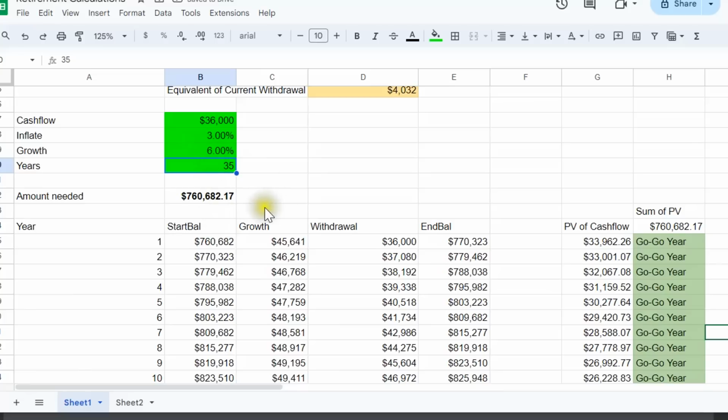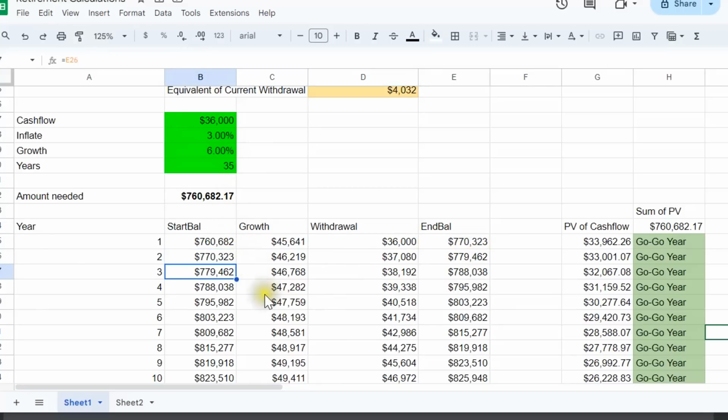Then you presumably get some growth in your account. In this case, we are withdrawing the amount you need, and this happens to be, we've switched to annual from monthly, and we're doing it at the end of the period, which might be weird, but that's what we're doing here. So you take some money out. So you've got your starting balance, you add in the growth, you subtract the withdrawal, and you have an ending balance at the end of the year.